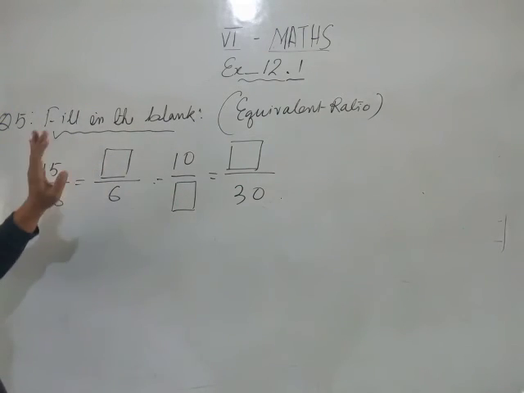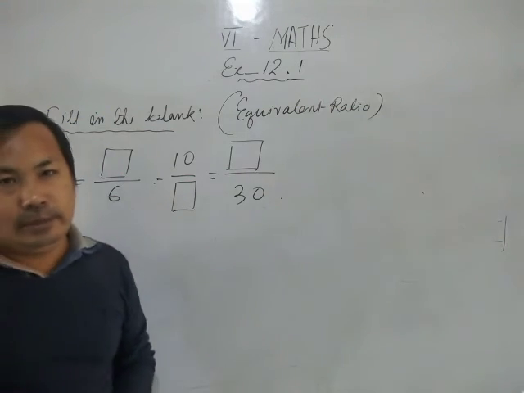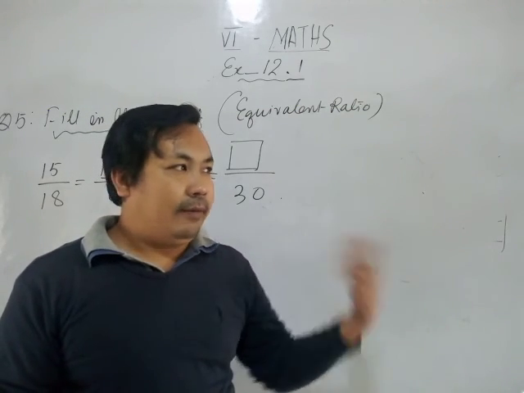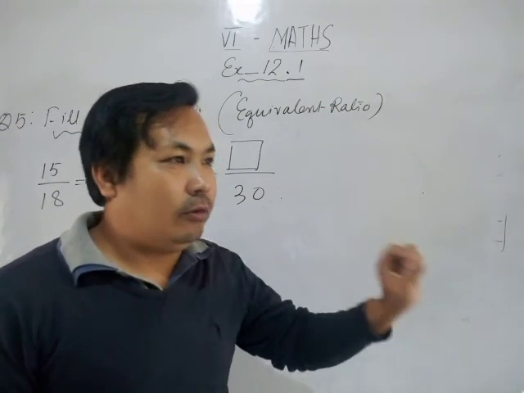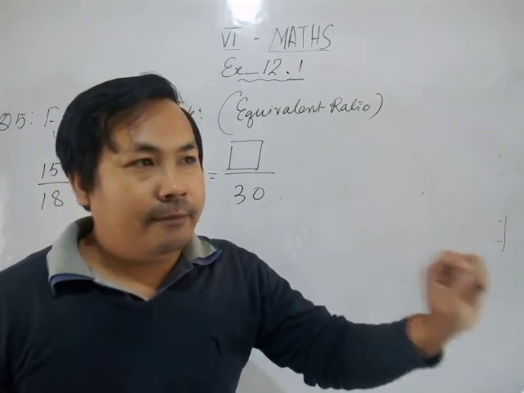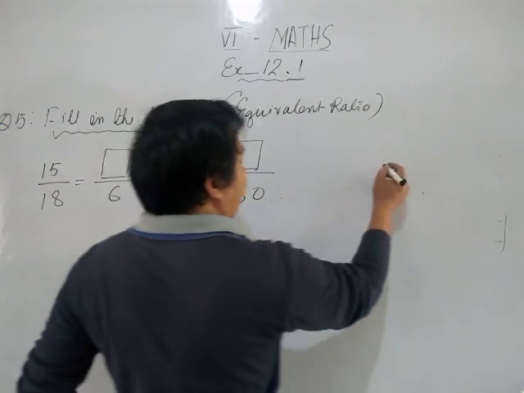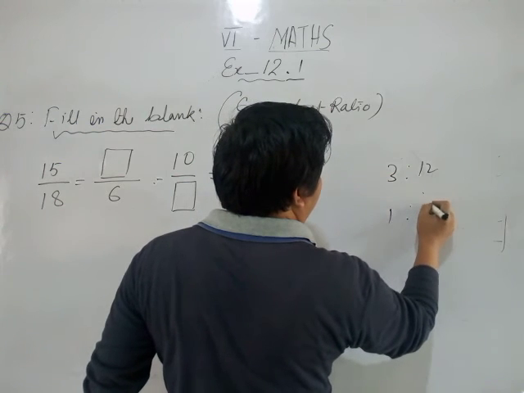Here we are going to find out how an equivalent ratio is obtained not only by multiplying but also by dividing. By dividing the ratio by a common factor, we get the equivalent ratio. For example, take 3 is to 12. 3 1s are 3 and 3 4s are 12.